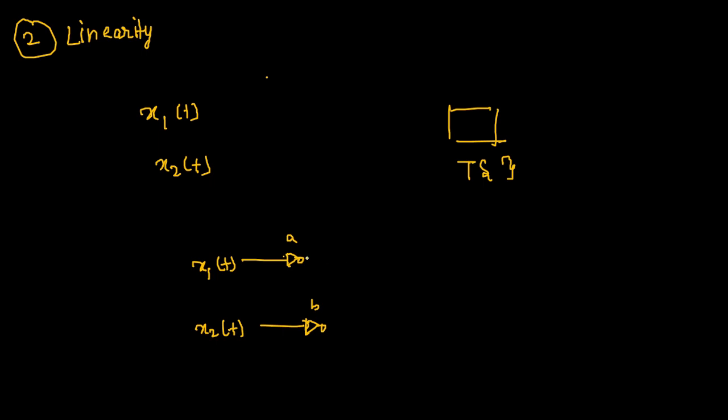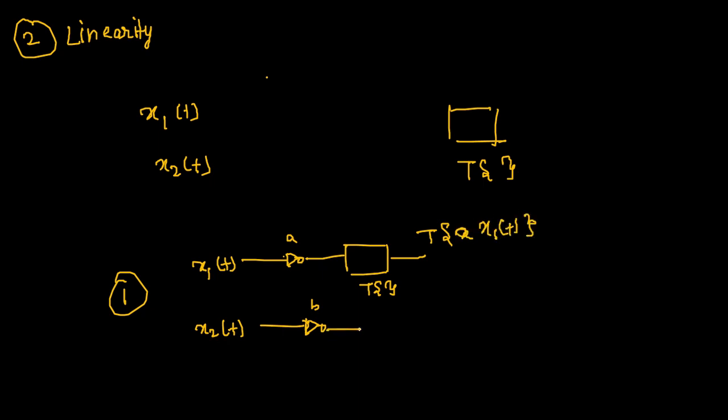So then in the first scenario, what I do is I pass x1 of t through the system and I get T of a x1 of t, and I pass the second signal through the same system.